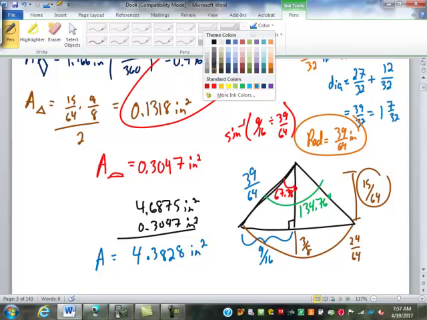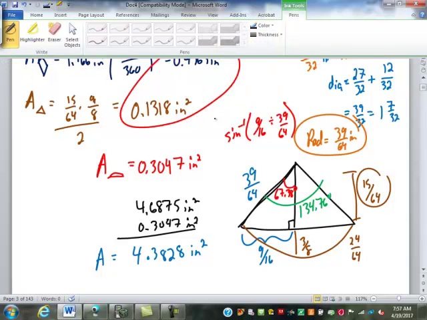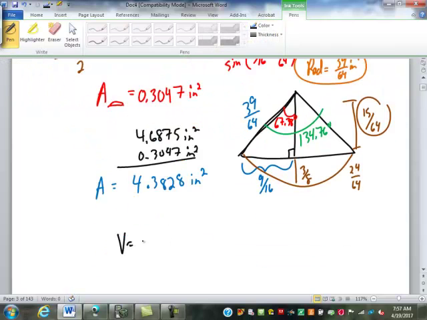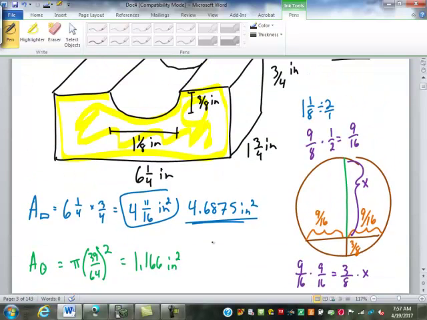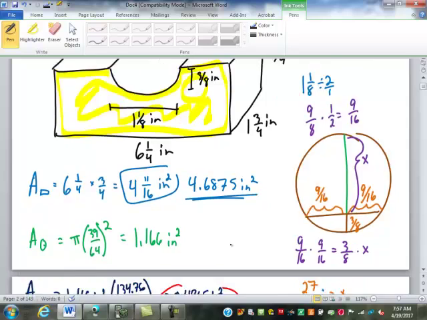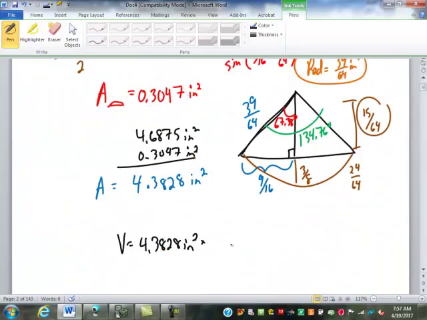So the volume, 4.3828 inches squared times 1 3/4 inch depth. That's 1.75 inches.